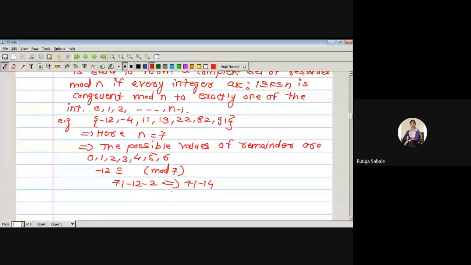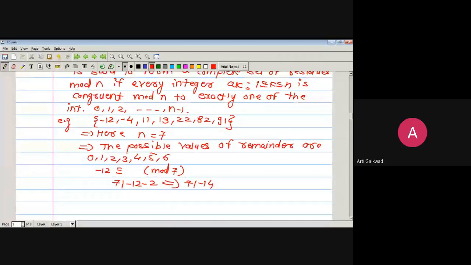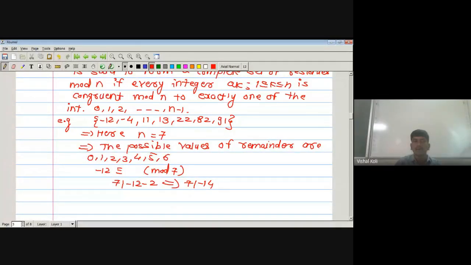Yes, sir. As 7 divides minus 14, which implies minus 12 is congruent to 2 modulo 7. Similarly, we have to check for the remaining integers.